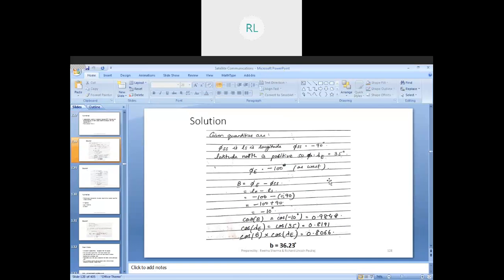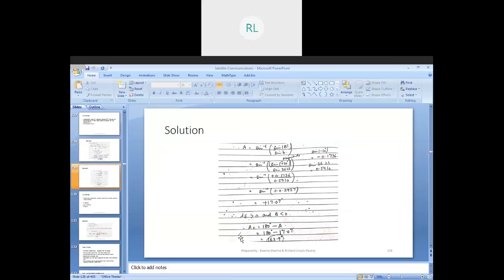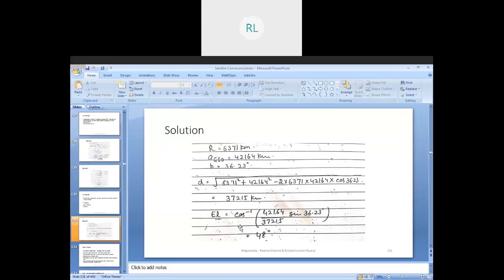That's also taken here. So the problems here that you see in satellite communications are all standard. The only thing is you will have to know the formula properly. So if you know the formula, you can substitute and get the values.